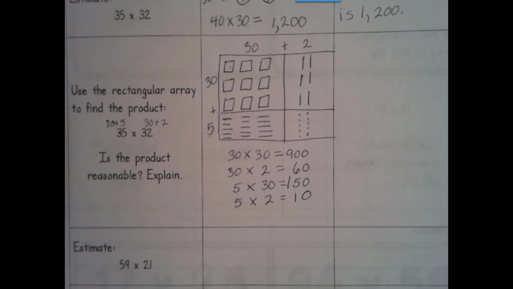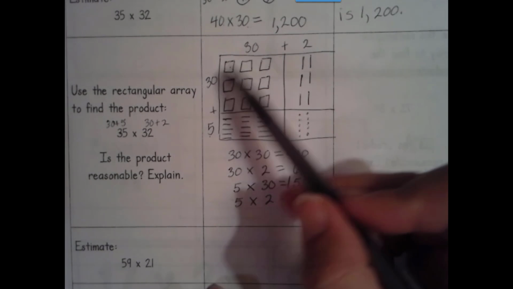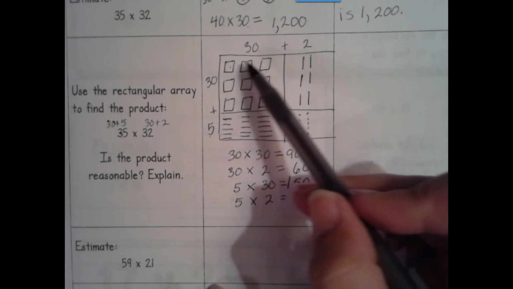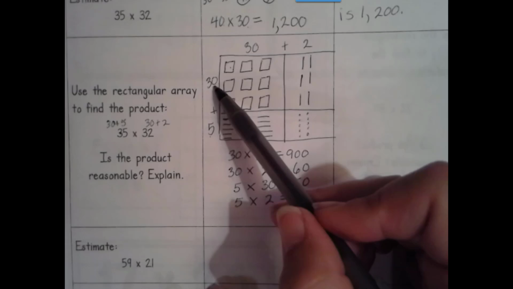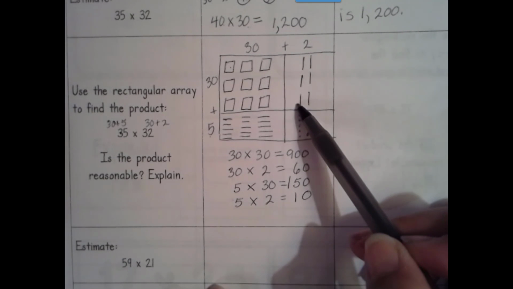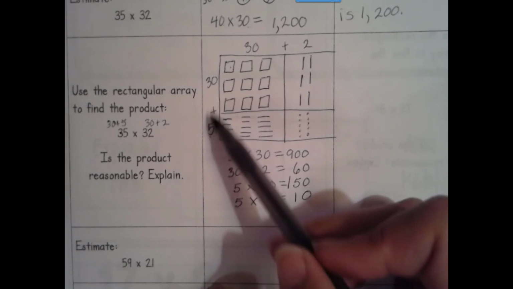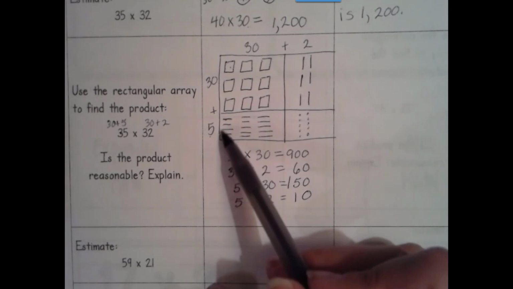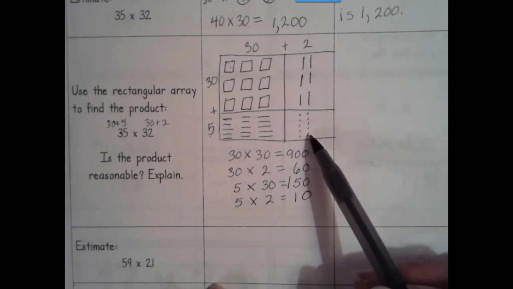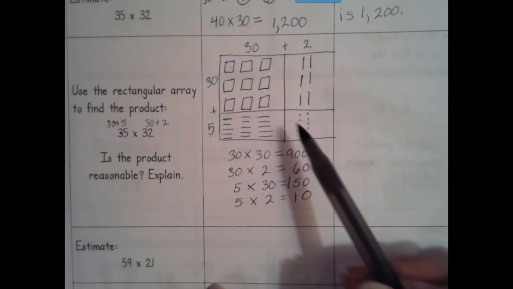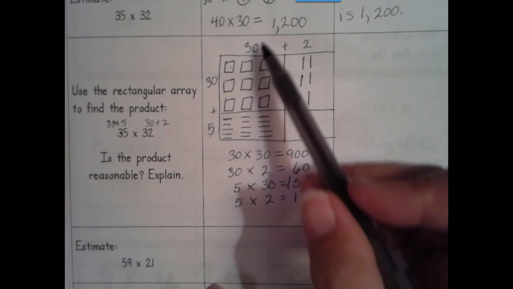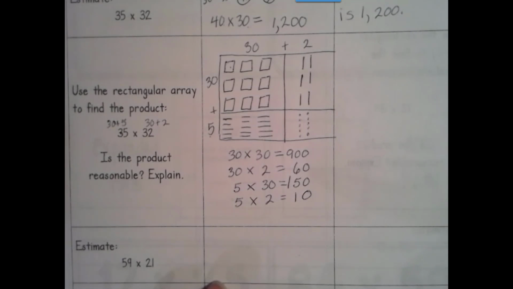So what it's showing you is what we're actually doing. 30 times 30 is 9 hundreds. 30 times 2 is 6 tens. 5 times 30 is 150, or 15 tens, 150. And then 5 times 2 is 10. I need 30 groups of 30, 30 groups of 2, 5 groups of 30, 5 groups of 2.